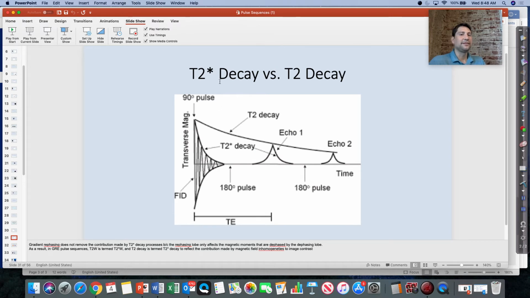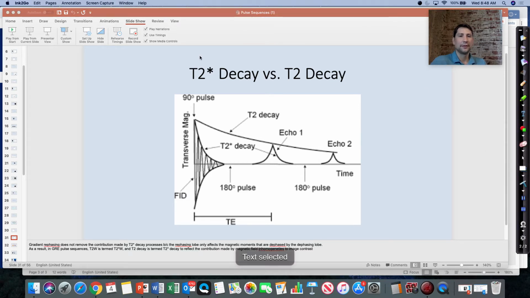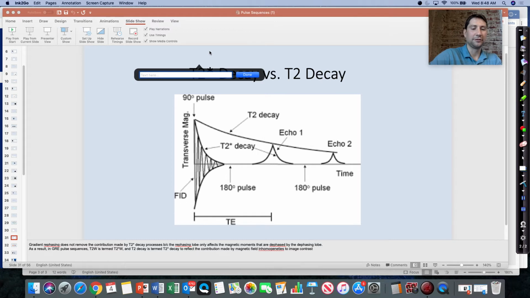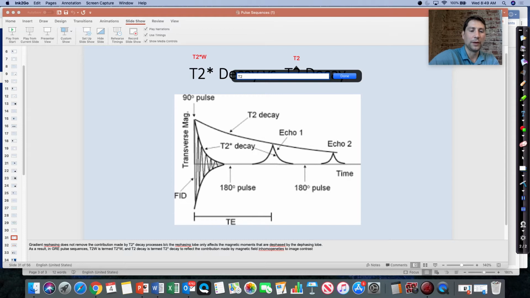So let's talk about T2 star decay versus T2 decay. You can put on this right above it, this also deals with T2 star weighted, and this deals with just T2 weighting. So with our T2 weighted, which we've already covered in the last semester, let's start with that one.